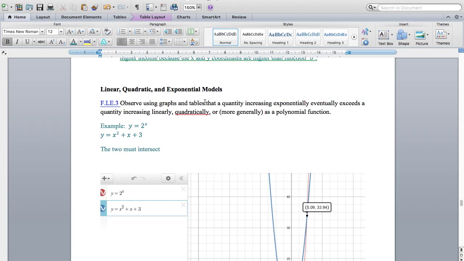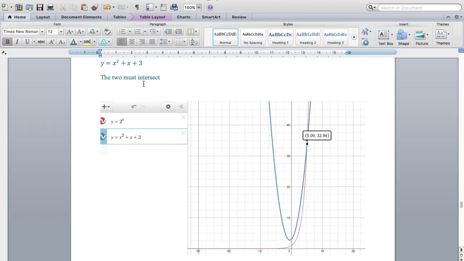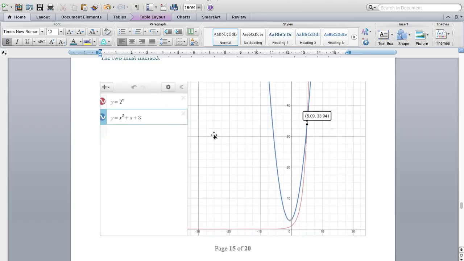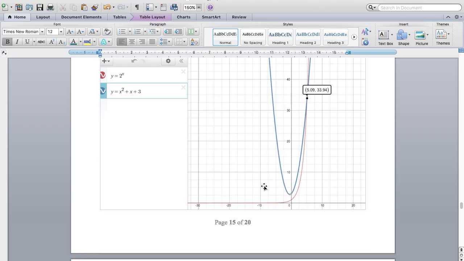This standard you must graph in this website, Desmos, and you will get two intersecting graphs, which is an exponential growth or decay and a quadratic function.